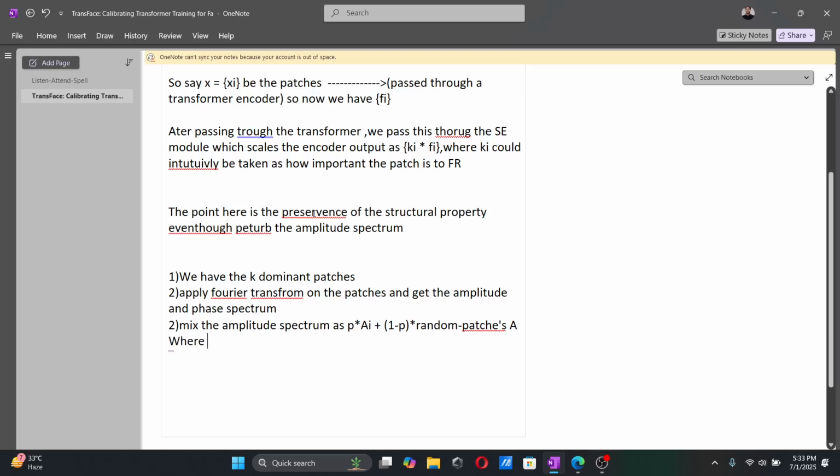Where P is from U of 0 comma alpha, and alpha is a hyperparameter.